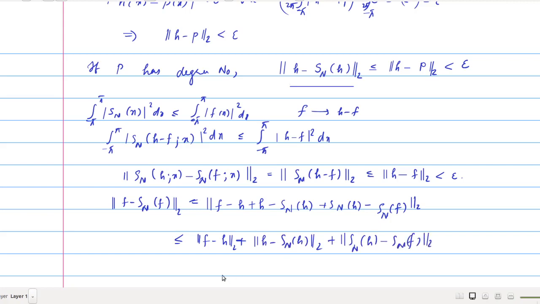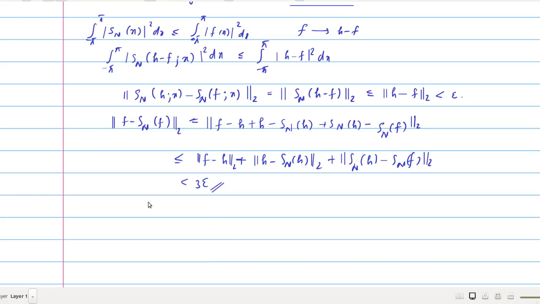Each quantity is less than epsilon, so this is less than 3 epsilon. Okay, since this epsilon is arbitrary, we can say that Sn of f converges to f as n tends to infinity.